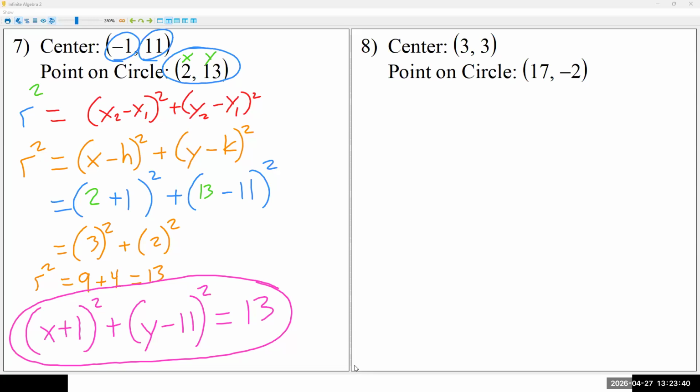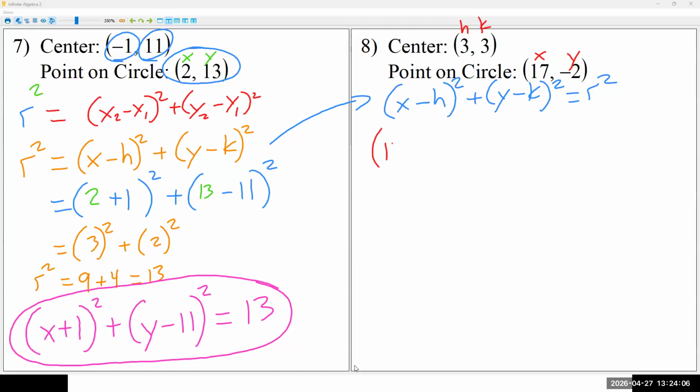All right, so I'm just going to skip straight to the point where, right here, I have my equation. I'm going to put the r squared on the other side, because that's how we normally write it. I have x minus h squared plus y minus k squared equals r squared. And plugging in my values, we have x, y, h, k, right?